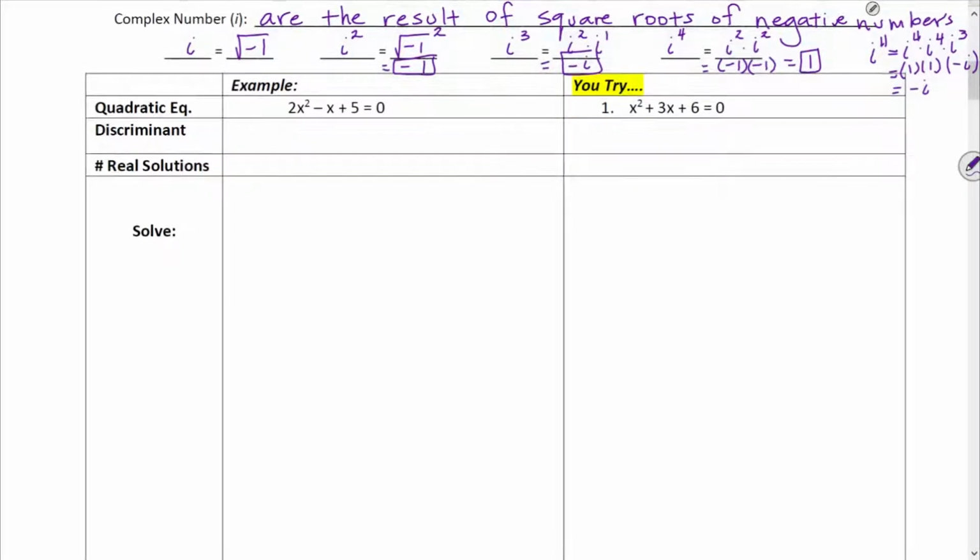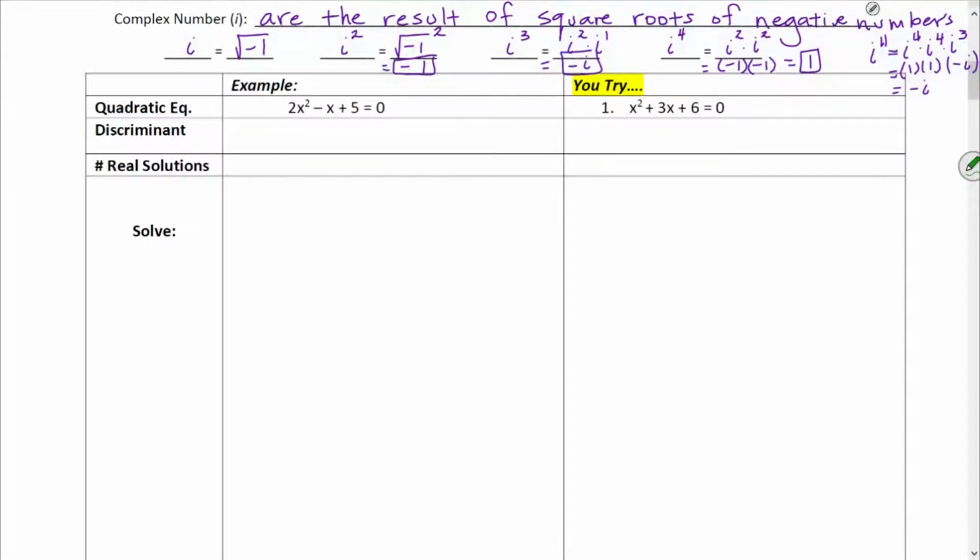So let's look at one example where we will look at a quadratic equation, look at the discriminant, figure out how many real solutions, and then solve it and see if that agrees with the number of solutions, and the kind of solutions, we think we would get from this quadratic equation.